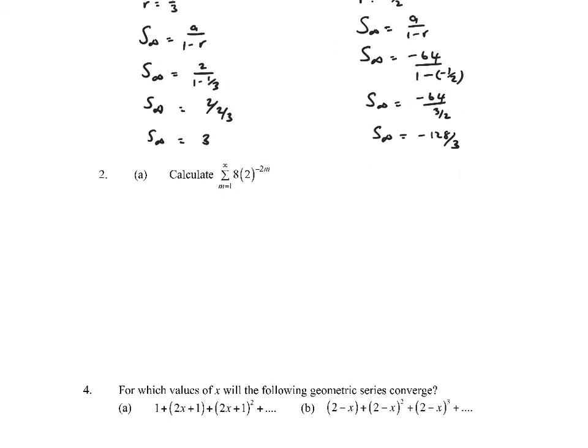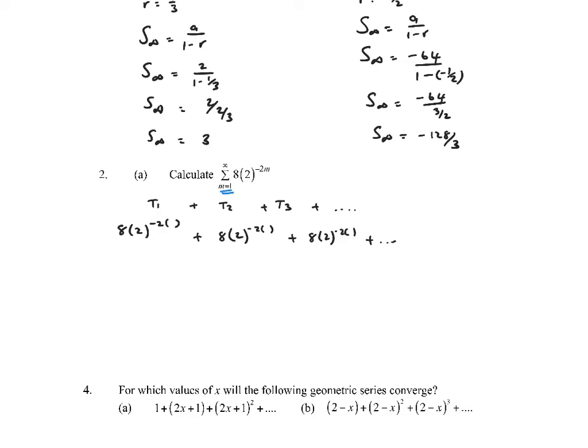Question 2a. You've now been presented with a sigma question. Sigma means sum. So what we first need to do is work out the first 3 terms of that general sequence. So it's term 1, then term 2, then term 3, and so on. Term 1 is 8 times 2 to the negative 2m, and the same thing in term 2 and term 3, and we go on forever and ever, infinity and beyond.